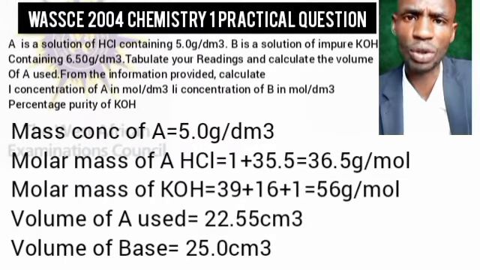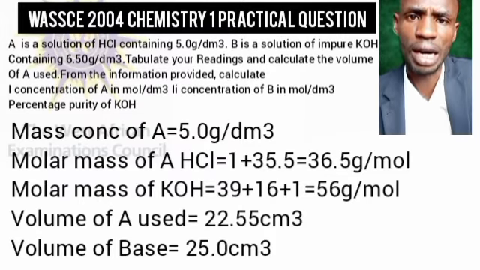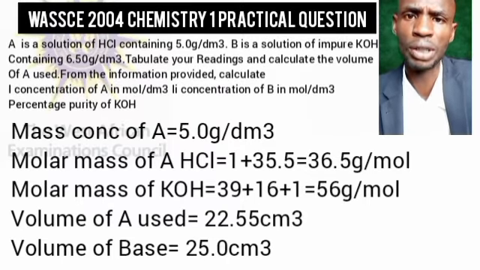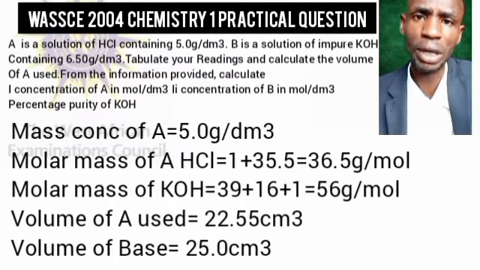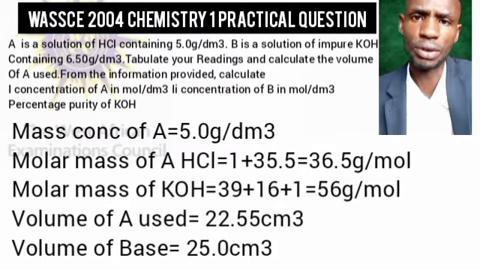The atomic mass of potassium is 39, the atomic mass of oxygen is 16, and the atomic mass of hydrogen is 1. When you add everything together, we should get 56. That's the molar mass of potassium hydroxide.